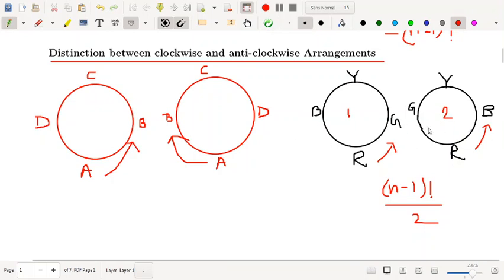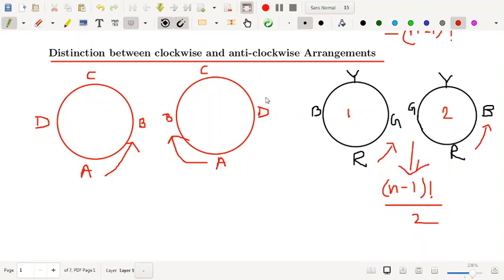In this case, your arrangements are same. So we conclude that when clockwise and anti-clockwise arrangements are not different, then your result will be factorial n minus 1 by 2. Otherwise it will be factorial n minus 1. Clear? So when you are dealing with circular permutations, you have to be careful about that.